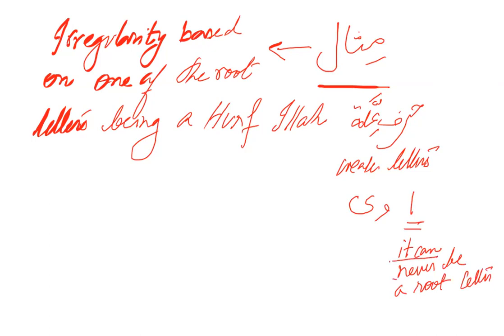So when we see alif in a word, it is usually there hiding a waw or a ya behind it. Waw and ya can be root letters. Now, on the basis of these being root letters, there are multiple irregularities which we will discuss one by one.